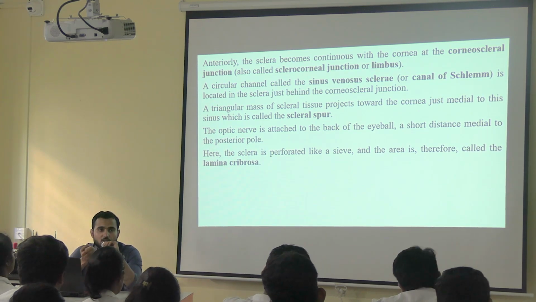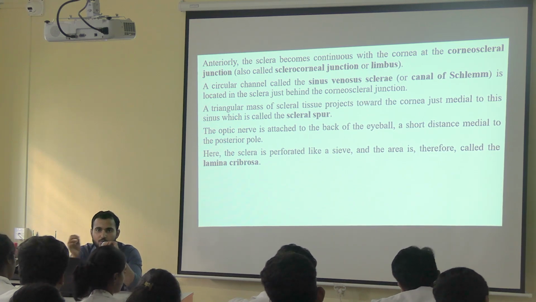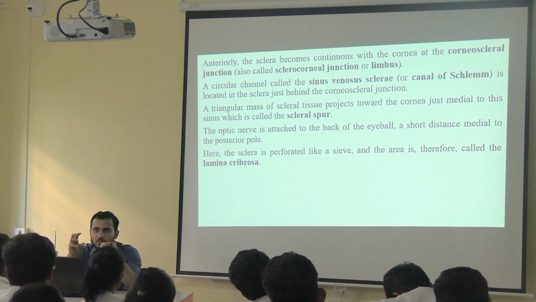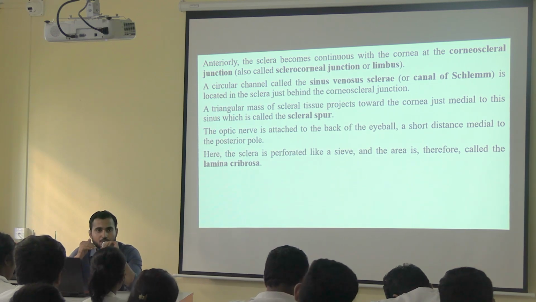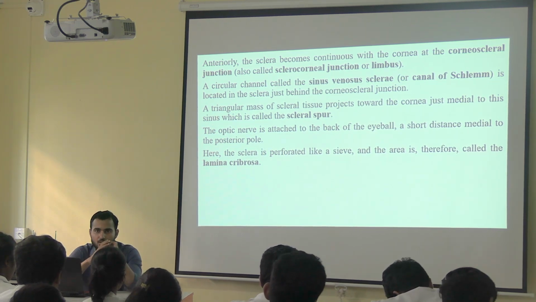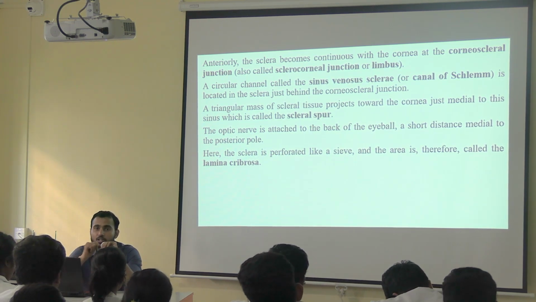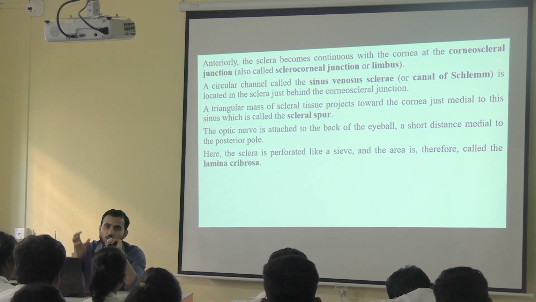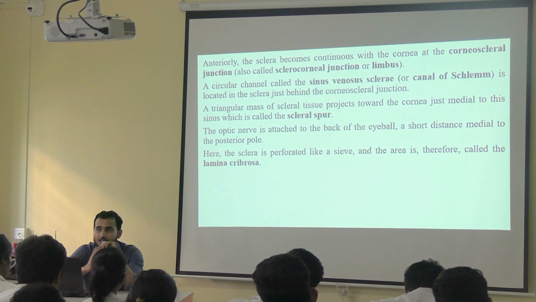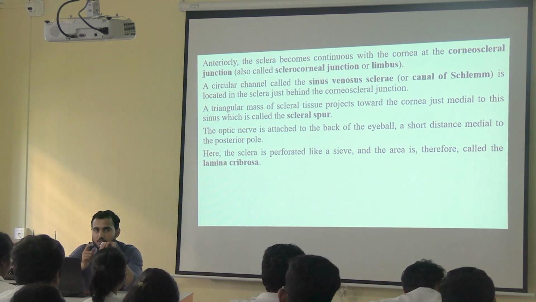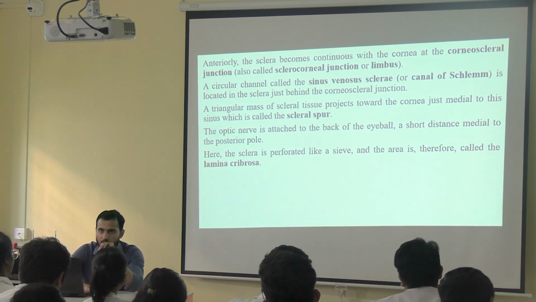Okay, why does it increase? There are different reasons. Among them, one reason is the drainage of the aqueous humor. If any blockage is there in that particular part, the drainage will not take place properly. As a result, more fluid will accumulate inside the eyeball, and the pressure will increase. That condition is called glaucoma. Okay.